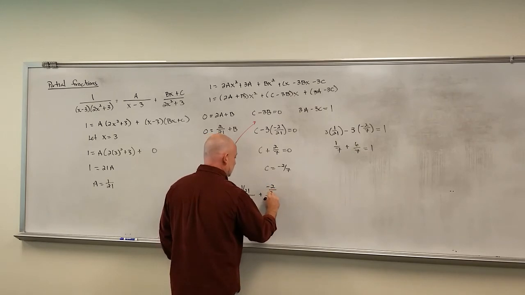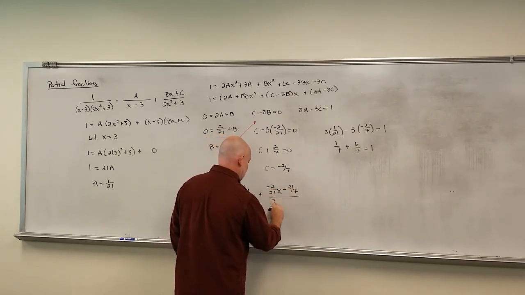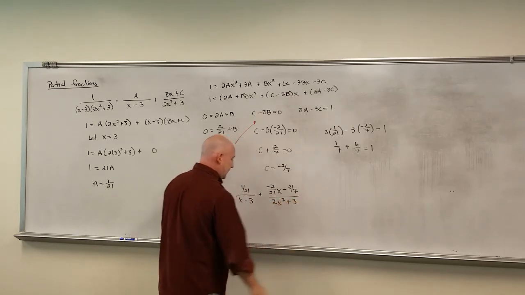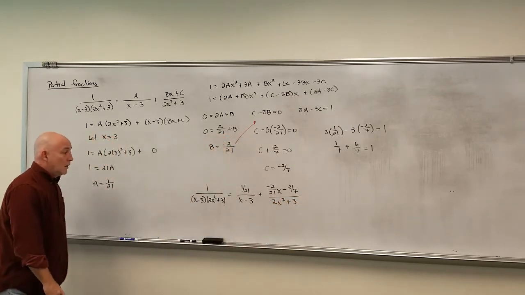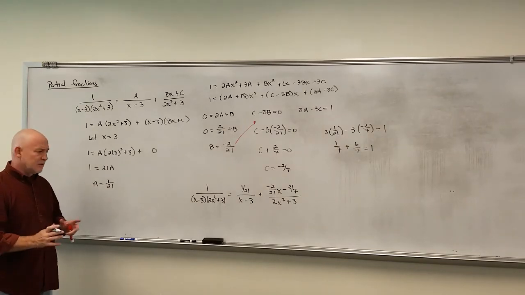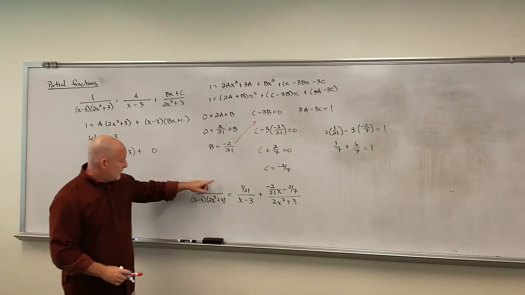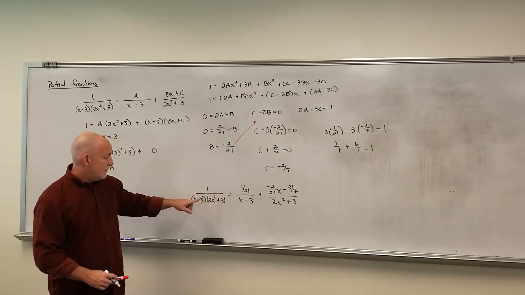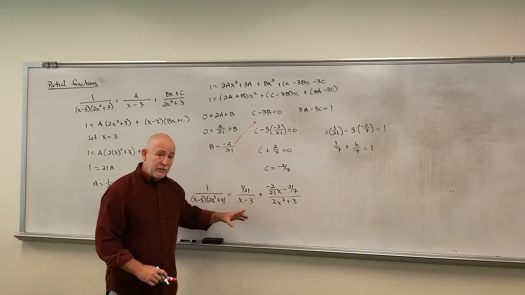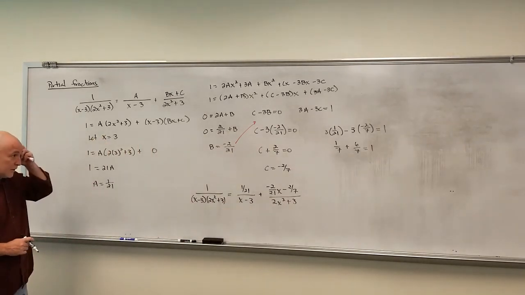Negative 2/21 x minus 2/7 all over 2x squared plus 3. All right, I know the numbers are awful. Most of the time your numbers might be a little bit nicer than this. Don't necessarily assume that they will be, but they can be. But notice we took something that had technically a cubic denominator and broke it into a linear and quadratic, which might make some of the algebra or other things in the future a little bit easier.